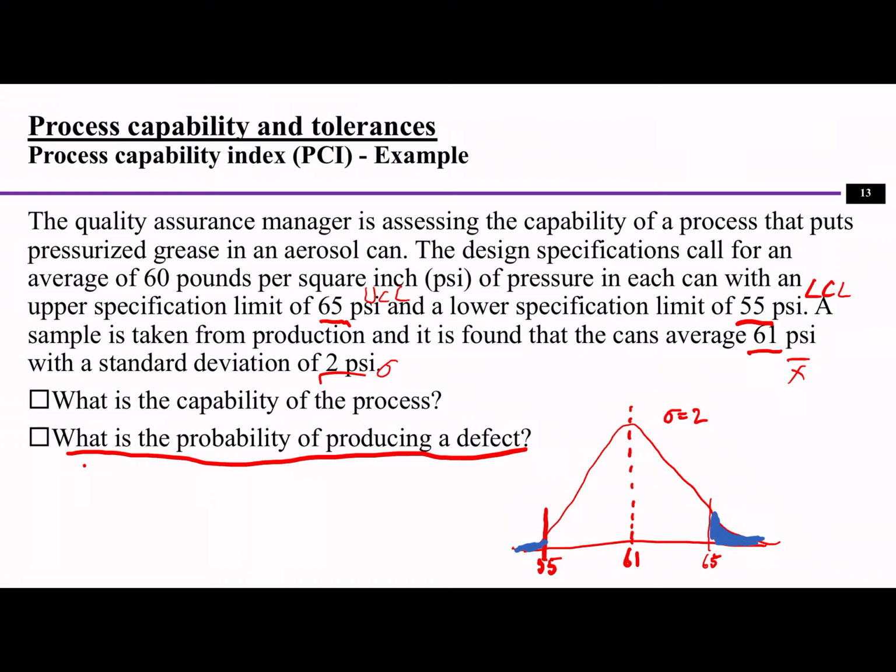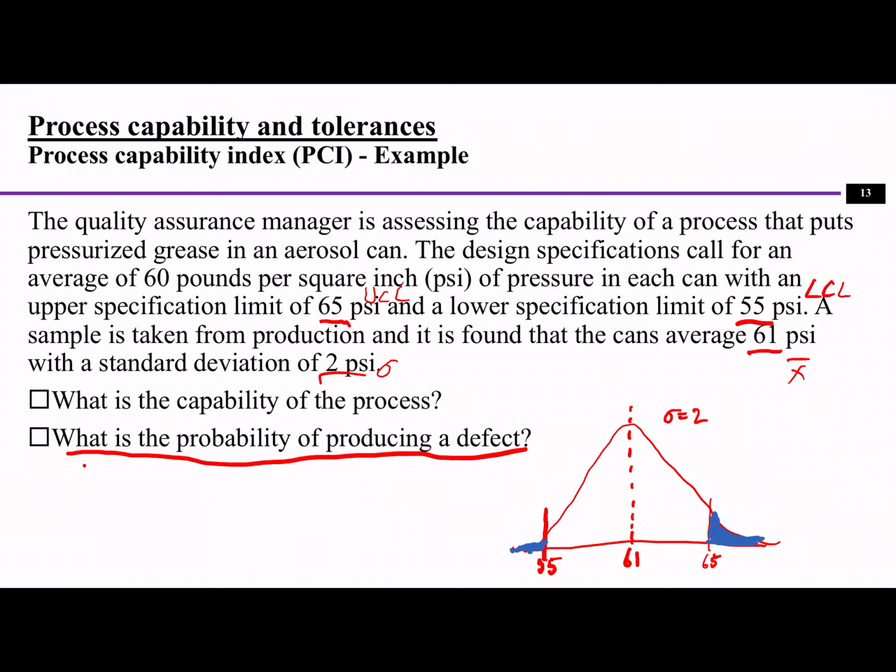So how do we calculate the blue parts? Because we have a normal distribution, all the 4 parts added up together should be 1, probability equals 1. Now we have two parts. As long as I can find the probability of the outer areas, I can find the probability that is inside.